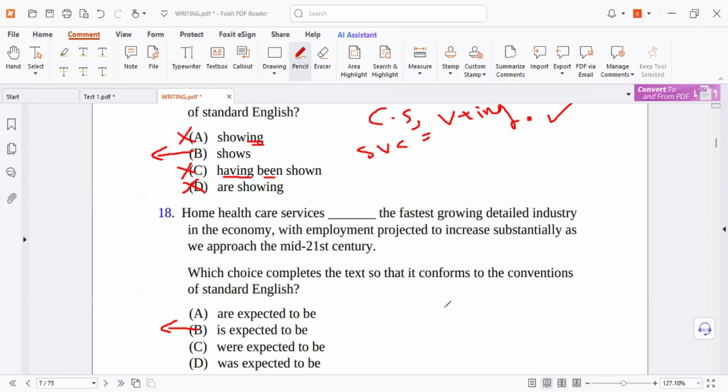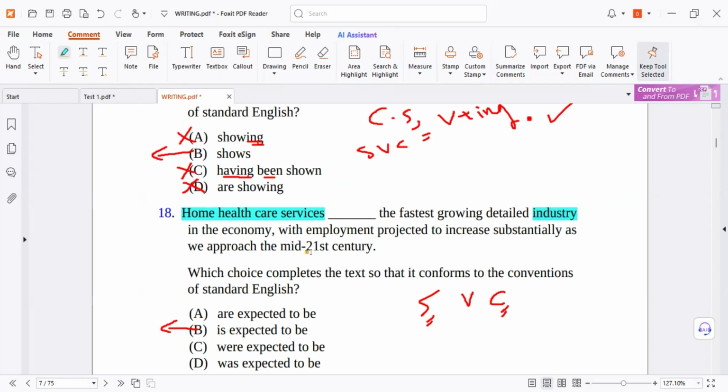That is what I'm telling you about. We have a trap in subject-verb agreement where the subject looks plural, but the information that describes it is singular. Look, here, home health care services. Without thinking, it must be plural. But look for the meaning: the fastest growing detailed industry.